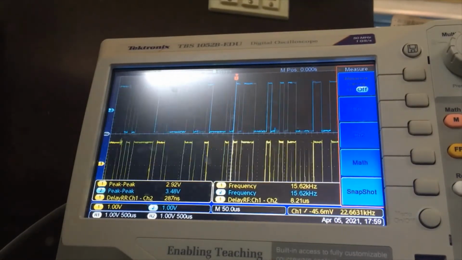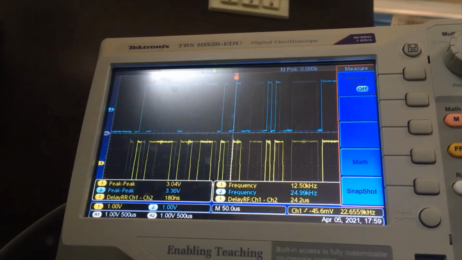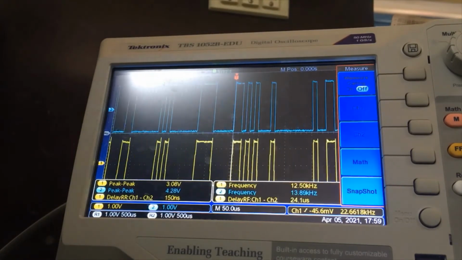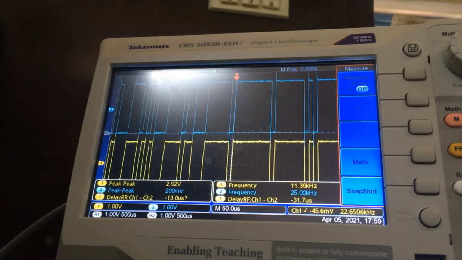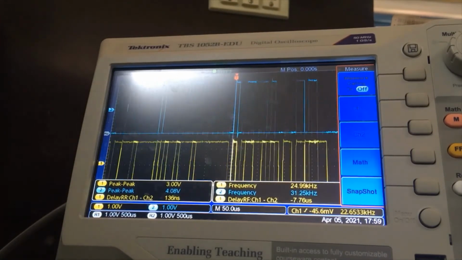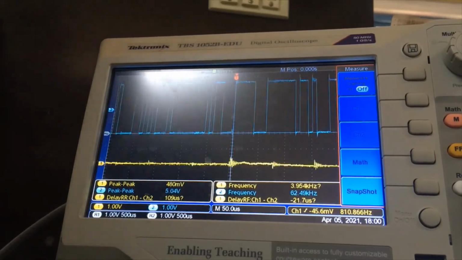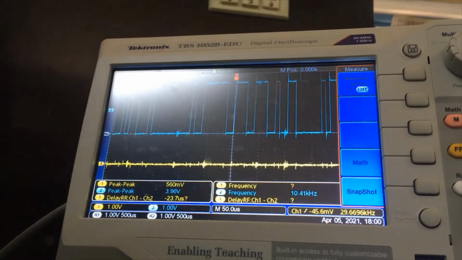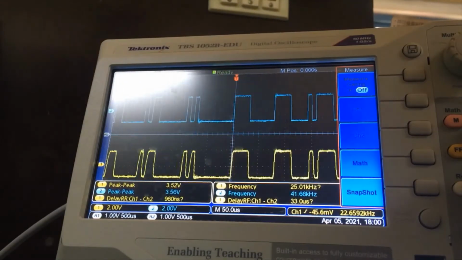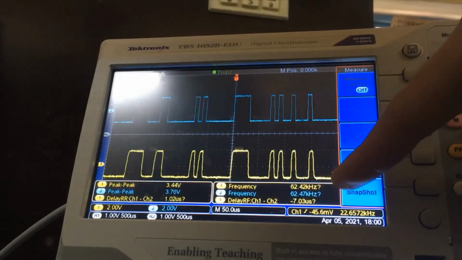Now another characteristic of the channel which you can see is the low pass filter. So if we look again, this blue waveform above is the transmitted signal, and this is the low pass filtered output.